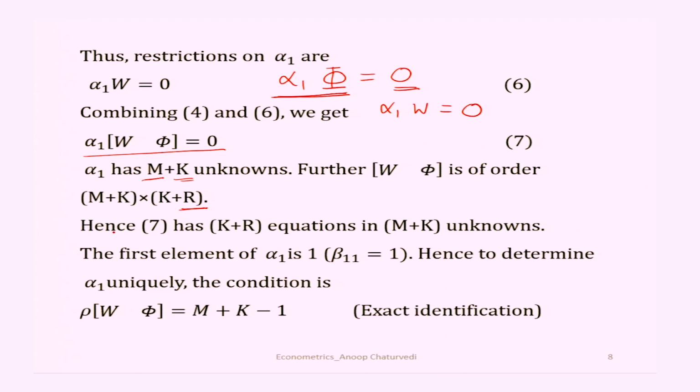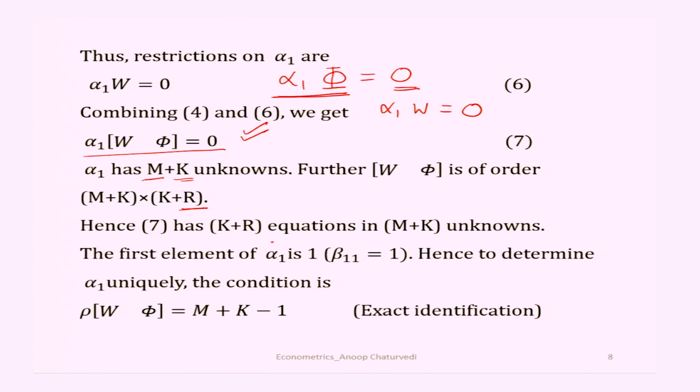So, in fact, in equation 7 we have k plus r equations in m plus k unknowns. Then the first element of alpha 1 is 1.